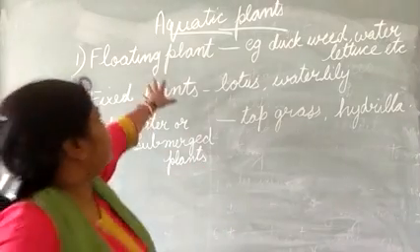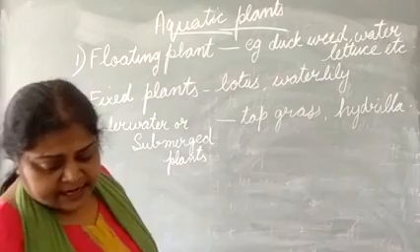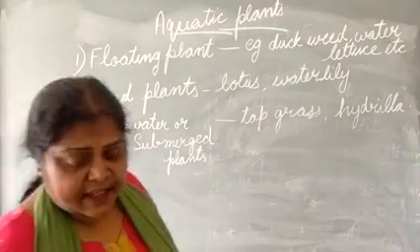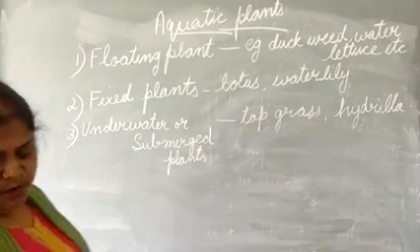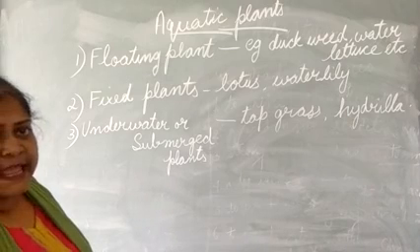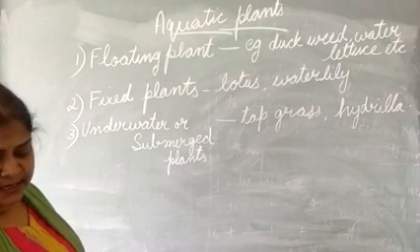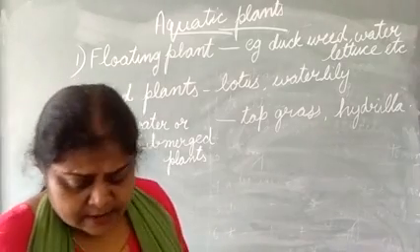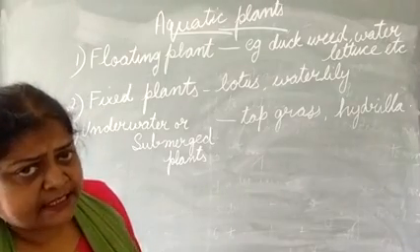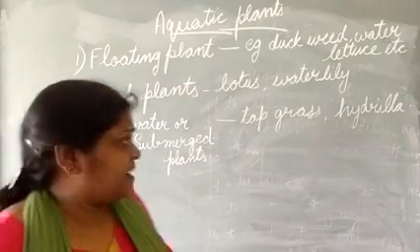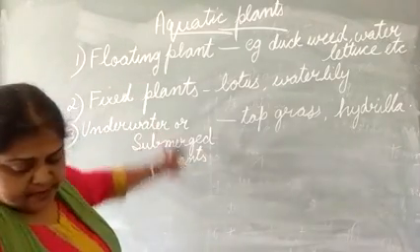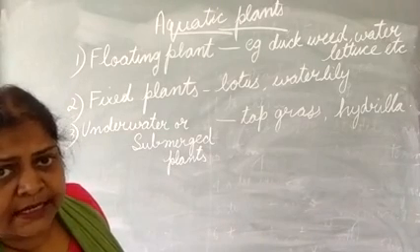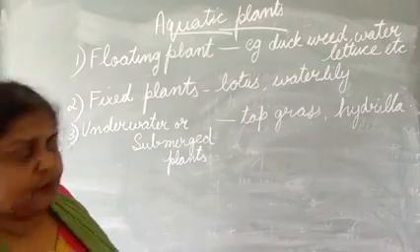Floating plants have a spongy body. What type of body do they have? A spongy body, with lots of empty space filled with air. This makes the body light enough to float.